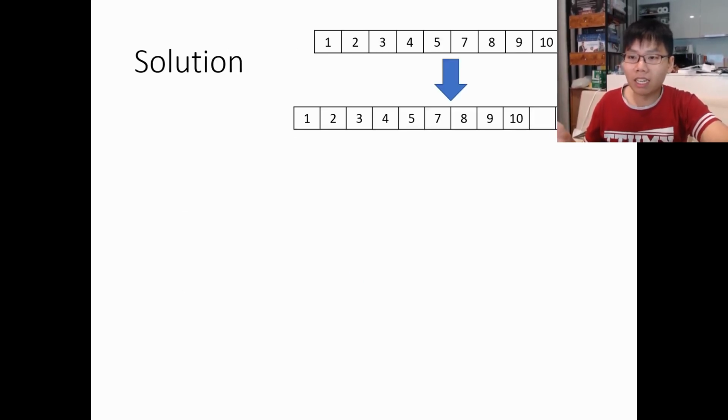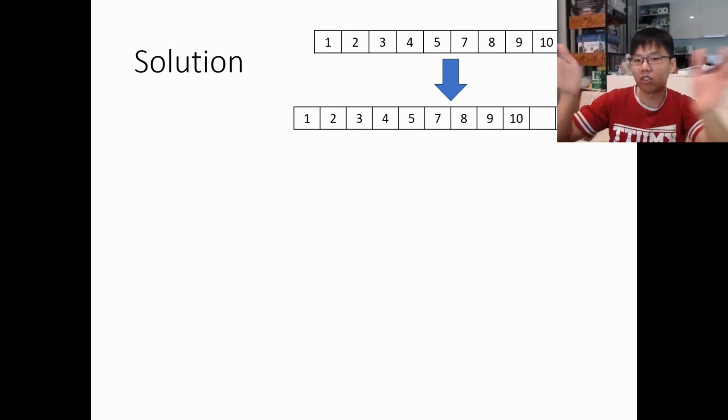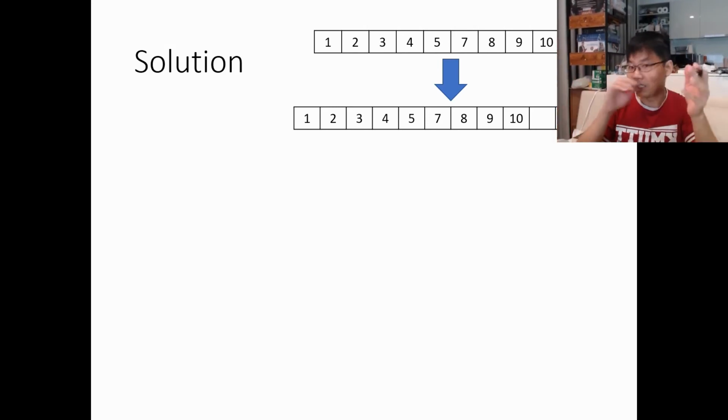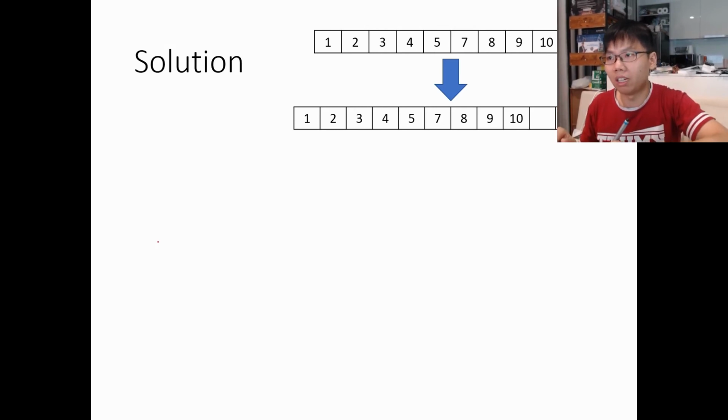Basically, in C languages, it's impossible to delete, like, change the size from 10 to 9, or resize from 10 to 20. What you can do is create another array.